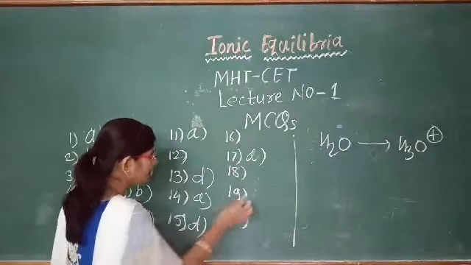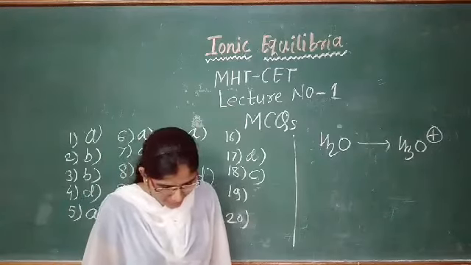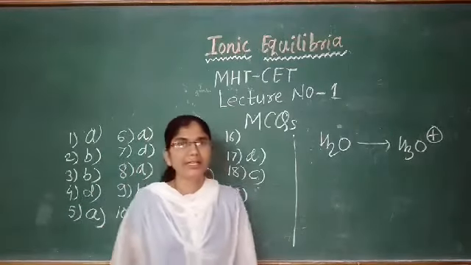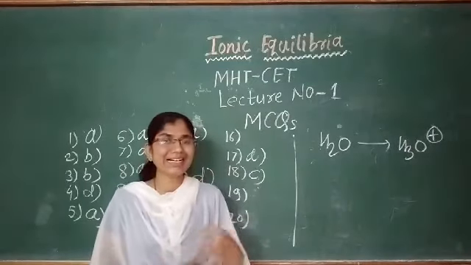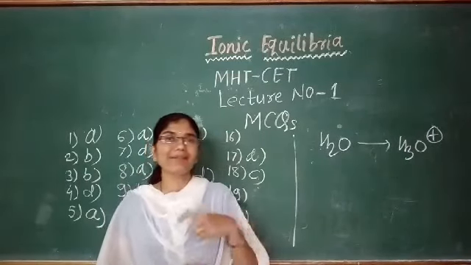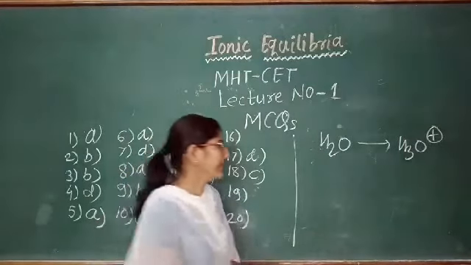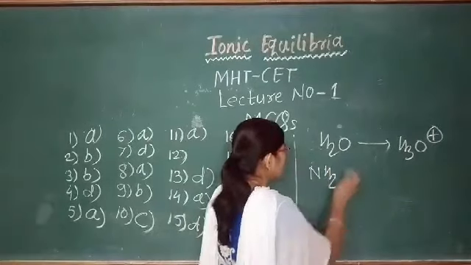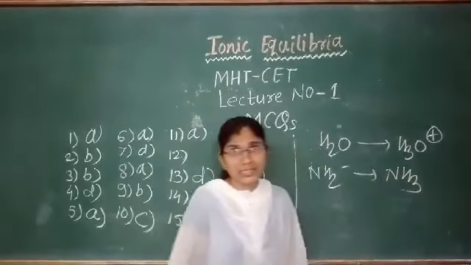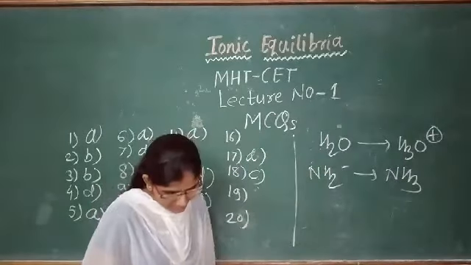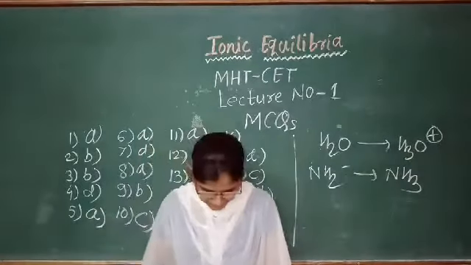Therefore it is option C. Then the conjugate acid of NH2 minus: NH2 minus is a base, and the acid has one extra proton, so by accepting a proton it forms NH3. So the correct option is option D.